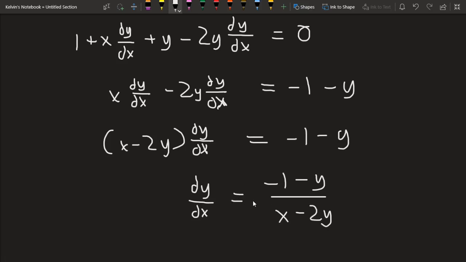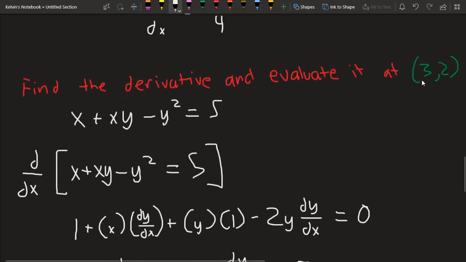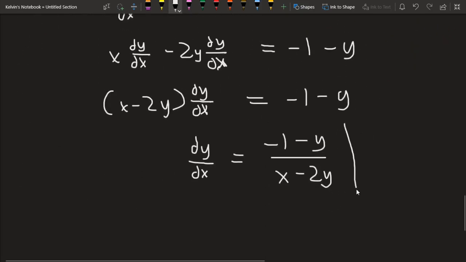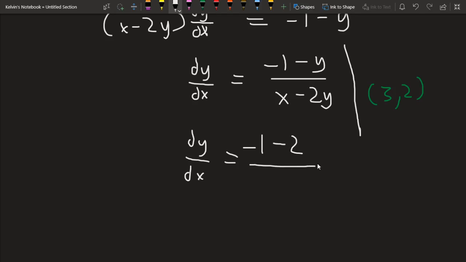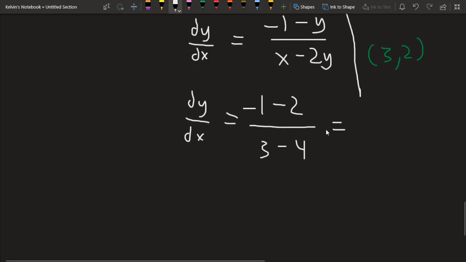So now we have to evaluate at the point 3 comma 2, and we'd signify that by drawing a line, then inserting the point 3 comma 2, and this would be equal to dy dx is equal to, and we just plug in the points, negative 1 minus y, so minus 2, x, 3 minus, and 2 times 2 is just 4. And this would be equal to 1. So that's our final answer for that problem.